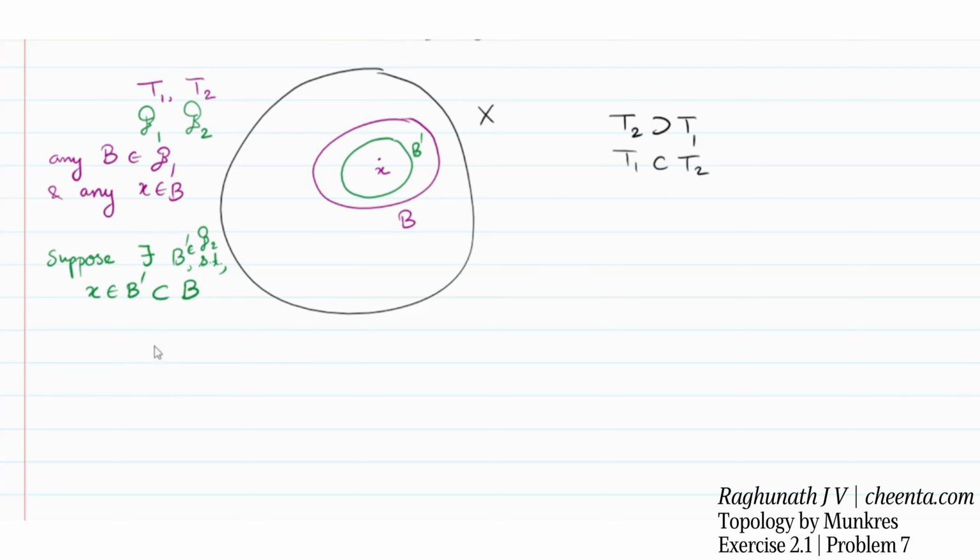So using this idea, let us consider the topologies T1 and T2. T1 is the standard topology and T2 is the R_K topology. Suppose in the real line, you consider any basis element B of the form (a, b) of T1.